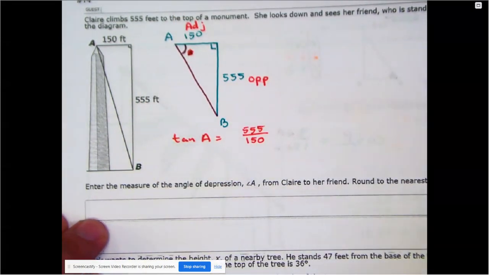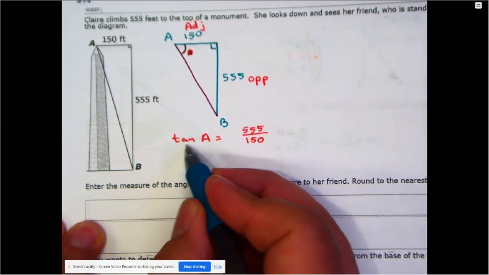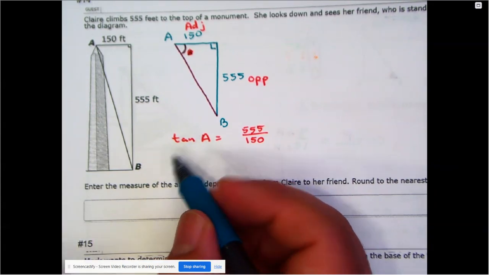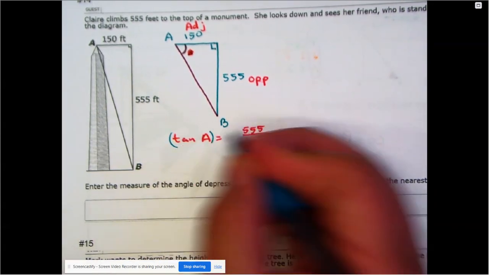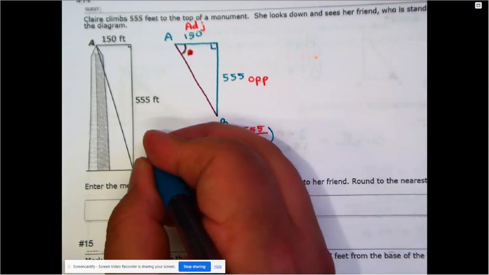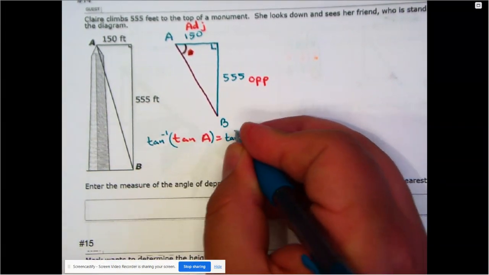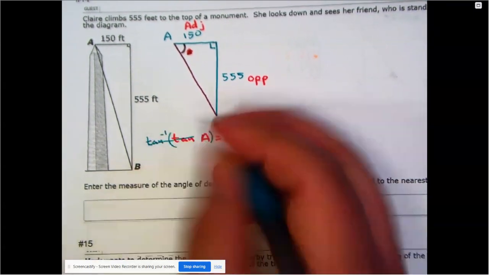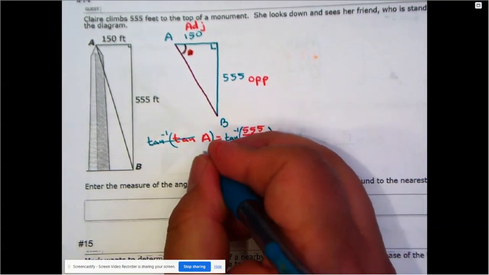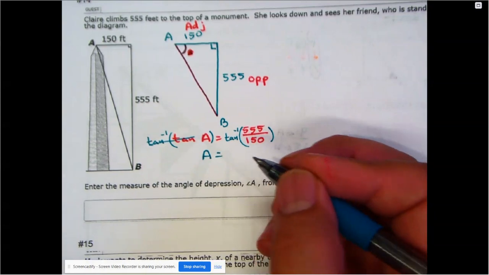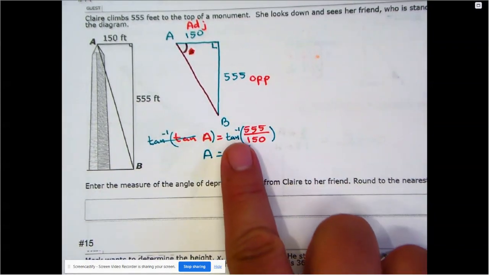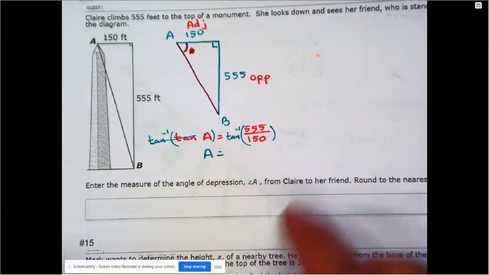Now remember, there's only one thing in math that will get rid of just the three letters TAN, and I don't mean division. The only thing that gets rid of TAN and the only thing that helps me find an angle is called the tangent inverse. That's what cancels out these three letters. So all I have to do here is let the calculator take over. I'm going to do the tangent inverse of this fraction right here.